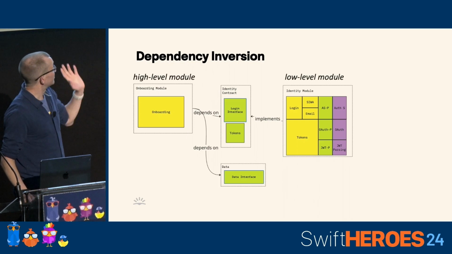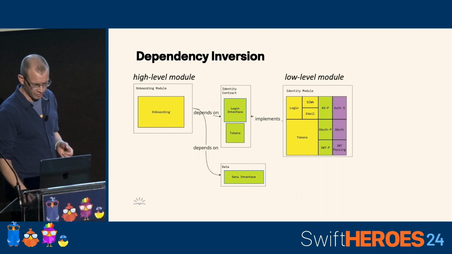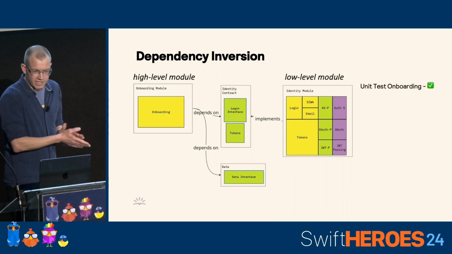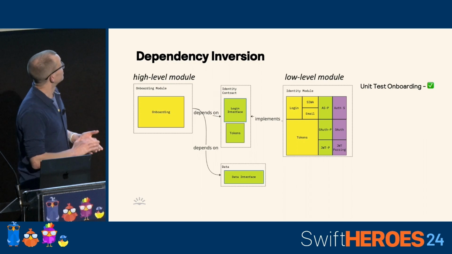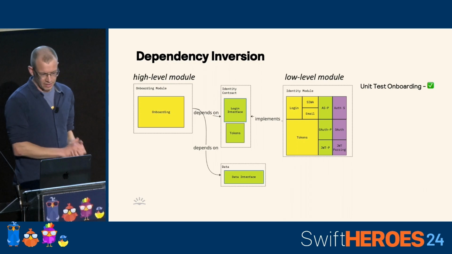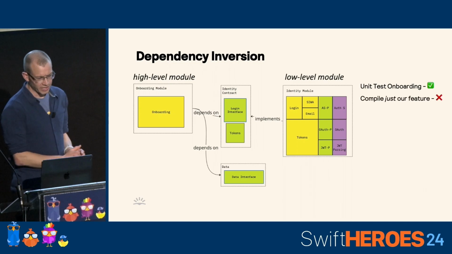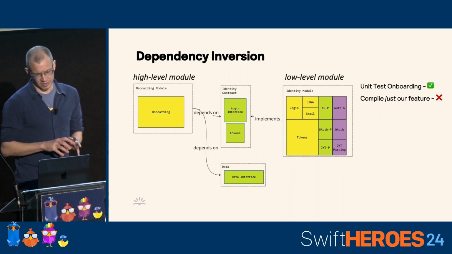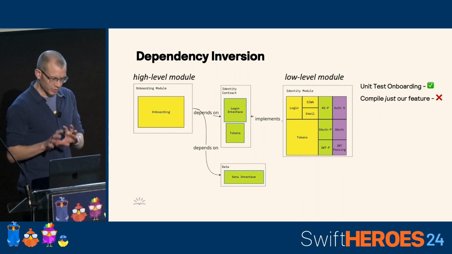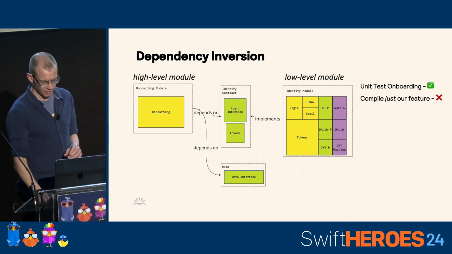Identity in this situation would be the low-level module, onboarding the high-level module. We could unit test our onboarding, right? It's perfectly possible to mock these interfaces and test them. That was fine, but what was much trickier was to compile just our feature with just the dependency that we wanted. That was made much more difficult by this setup.